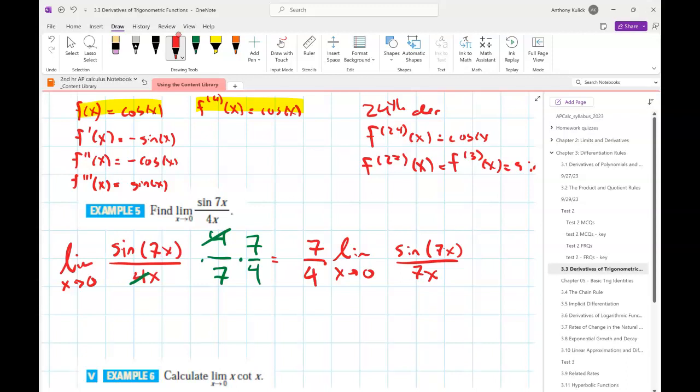Why do I need that extra 7/4 on there? Because I'm just multiplying by 1 then, right? Now I haven't done anything at all. So I'm just going to cross off the part that I need, and everything that's left over I'm going to stick out front because it doesn't depend on x. And what is this part going to be? Just 1.